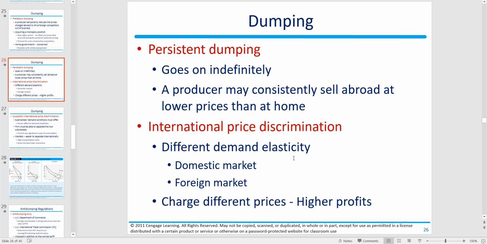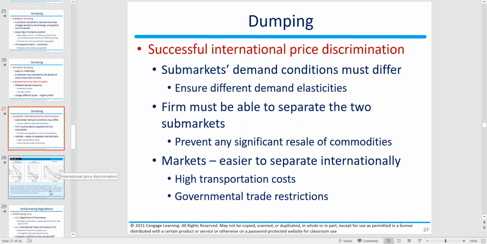And this is perfectly legal. Why? Because it's done domestically. But if the cable company was doing this in another country, being from the US but doing it, for example, in Mexico, this will be called dumping. So it's natural, something normal that companies do, to charge different prices in different nations.